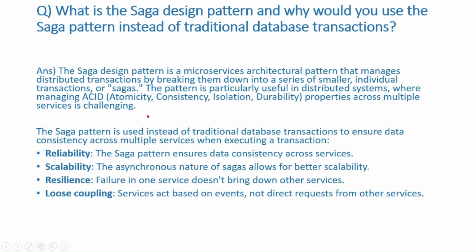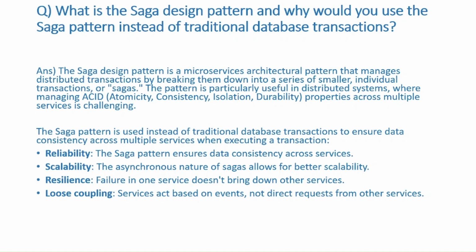Now, the Saga pattern is used instead of traditional database transaction to ensure data consistency across multiple services when executing a transaction. Reliability: the Saga pattern ensures data consistency across all the services.